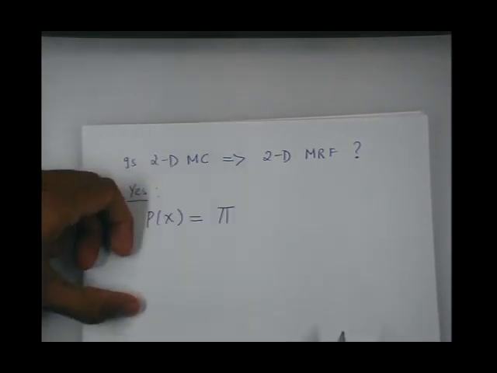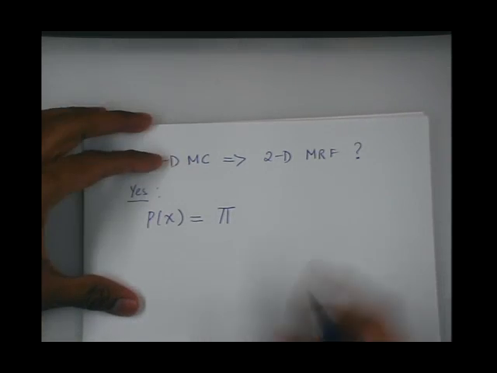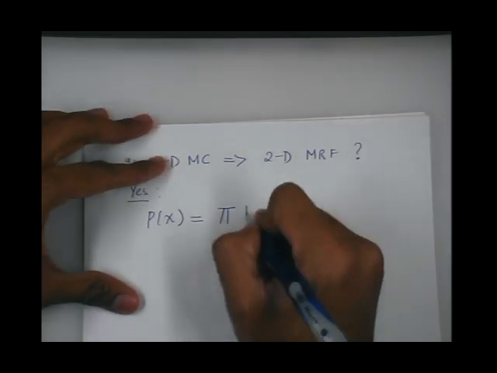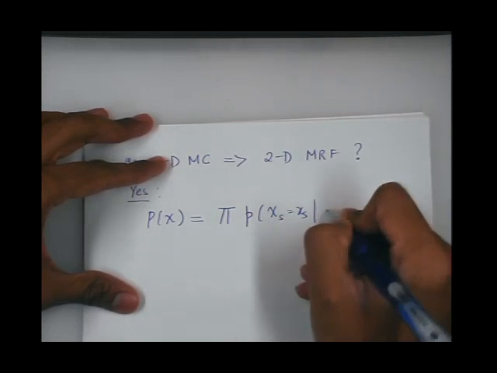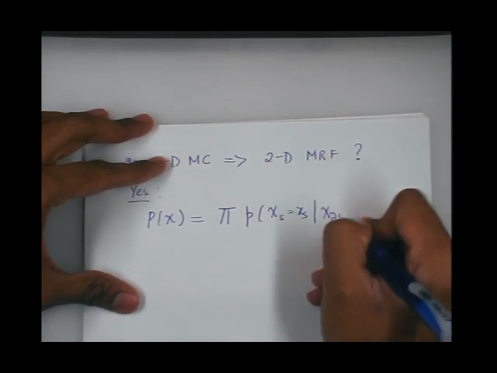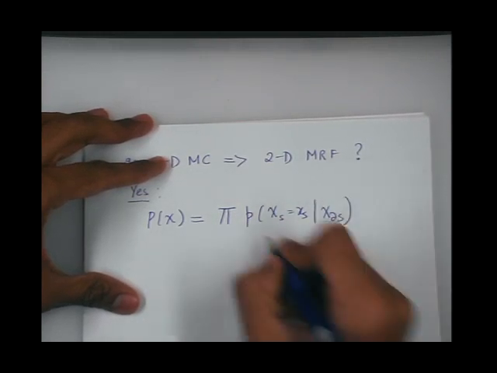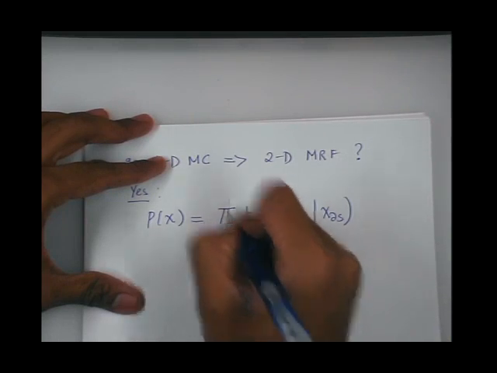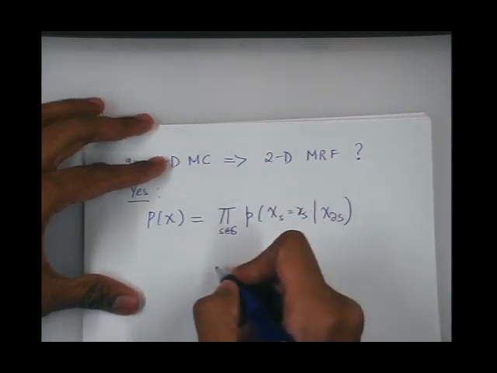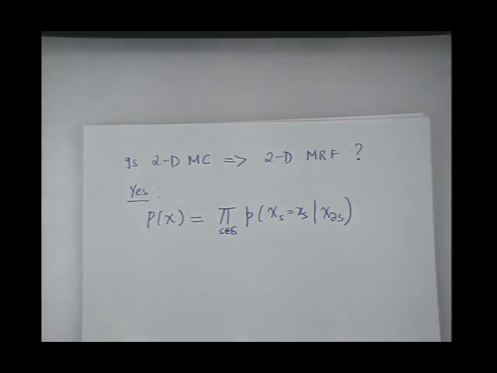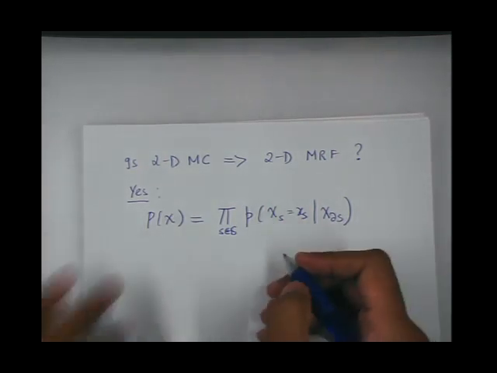Initial state times the transition probability. Exactly, that's good. So basically what you need to do is take X_s given some neighborhood, which is a transition probability, and s belongs to the set of all lattice points, right? So in a Markov chain, you have the freedom to write this.